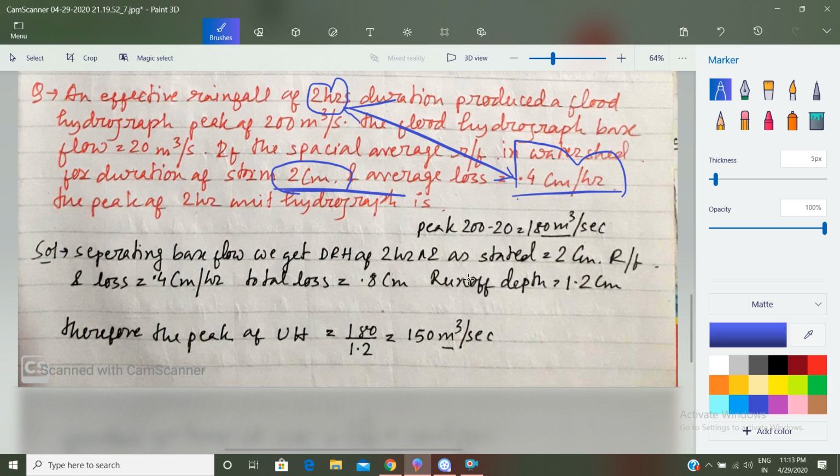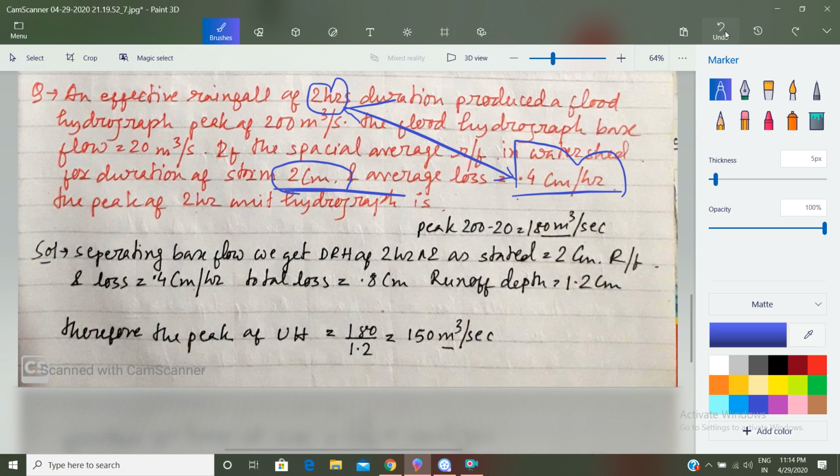So 2 centimeter minus 0.8 centimeter, then I will get the direct runoff as 1.2 centimeter, isn't it?